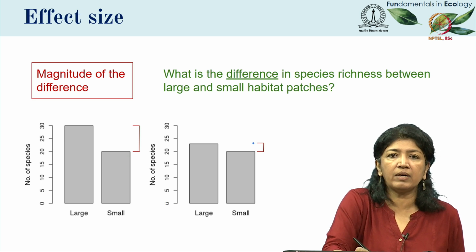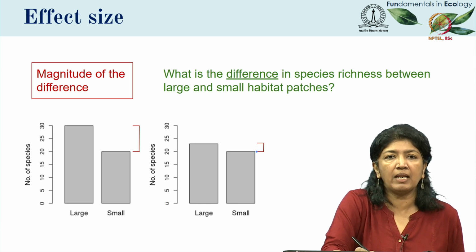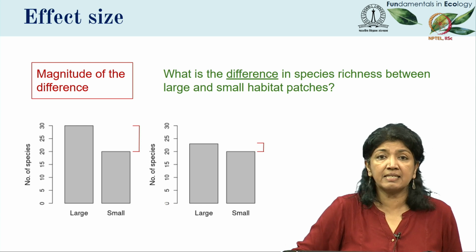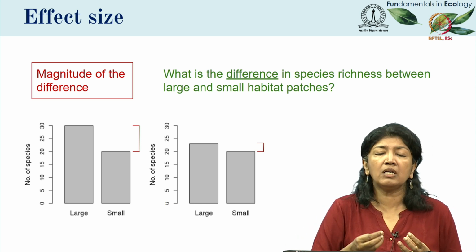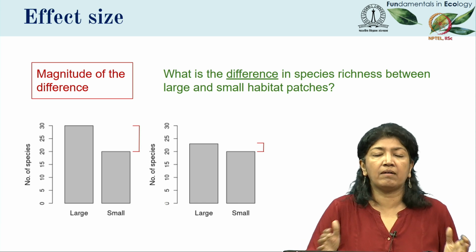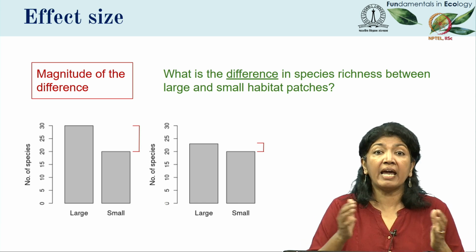On the other hand, look at the situation on the right, where there is only a very small difference in species richness between large and small habitats. Hardly 3 or 4 species more on average in large habitat patches compared to small habitat patches. So, this is a reflection of how important ecologically is the area of a habitat patch. What is the area effect?